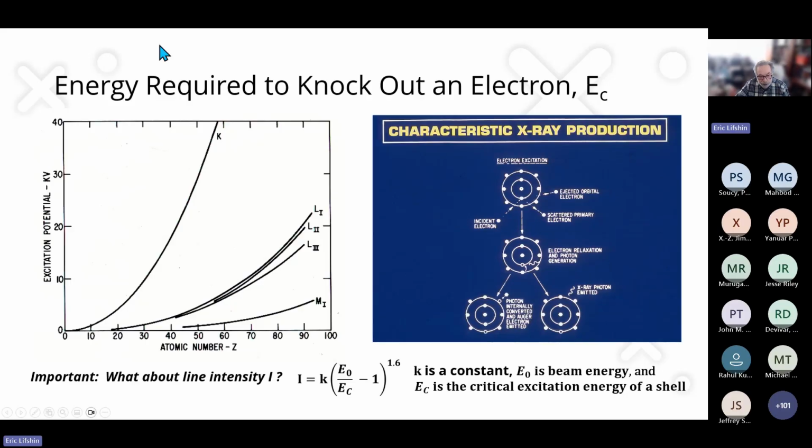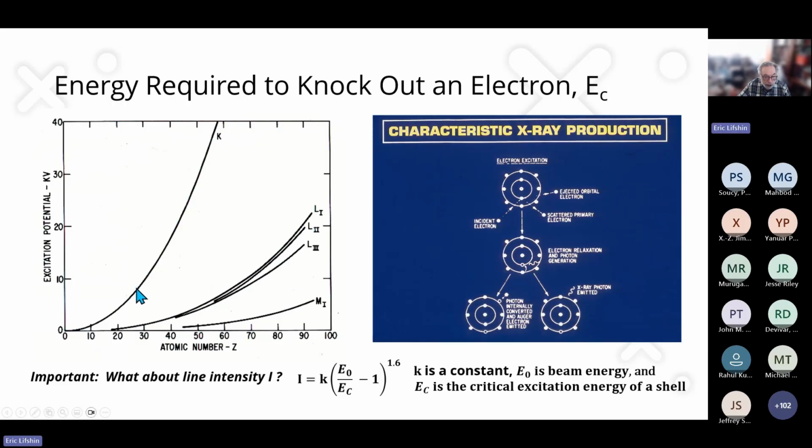If we look at the picture on the left, it relates the amount of energy required to ionize an atom to the atomic number of that element. That could be called excitation potential, ionization energy, or critical excitation energy. But what you can see is, let's talk about copper, 29.